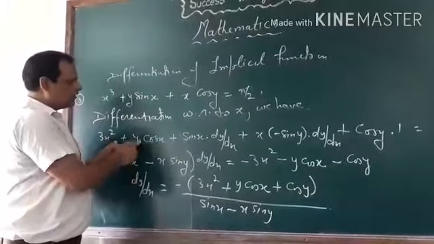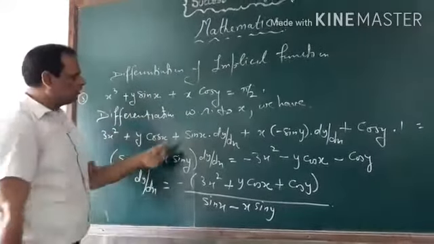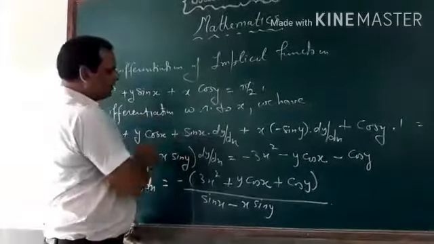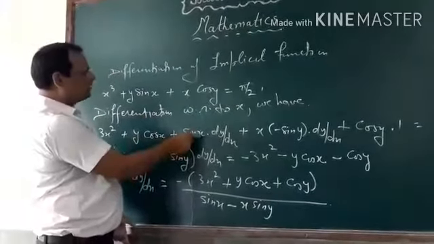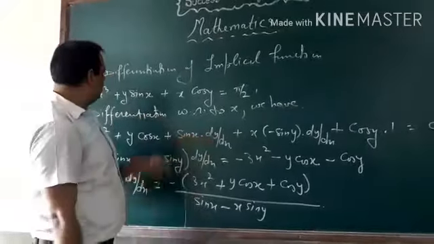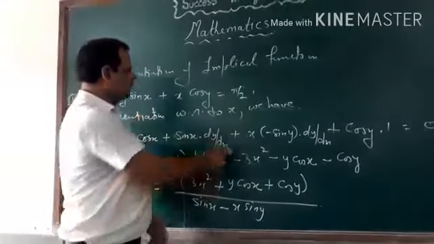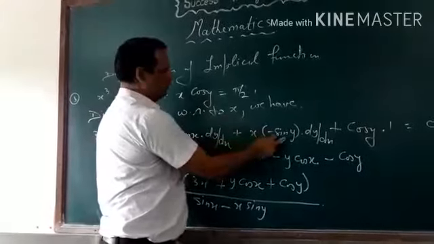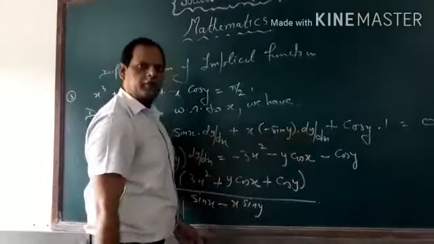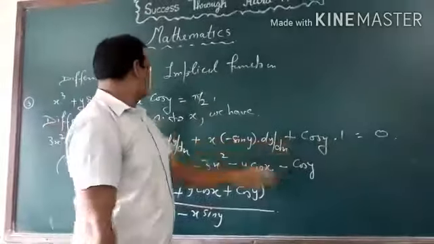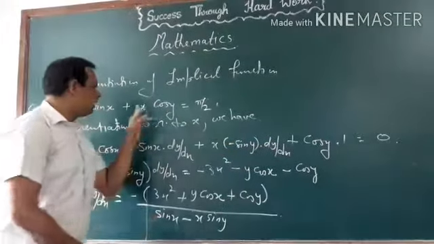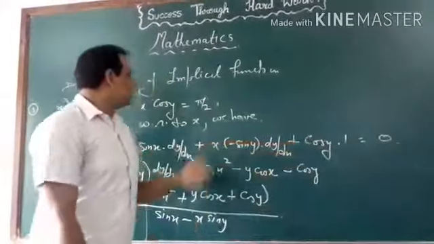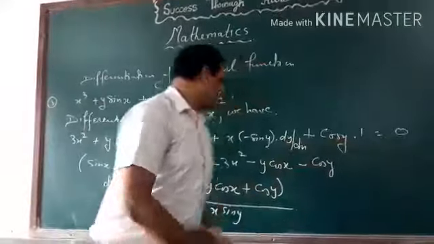So y times differentiation of sin x is cos x, plus sin x times differentiation of y, dy upon dx, plus x times differentiation of cos y is minus sin y times dy upon dx, plus cos y times differentiation of x is 1. Differentiation of pi by 2 is 0.